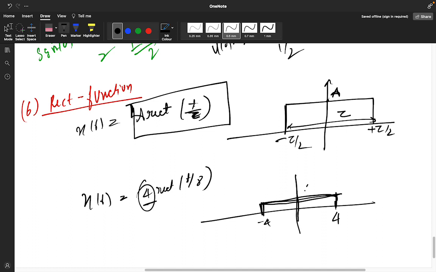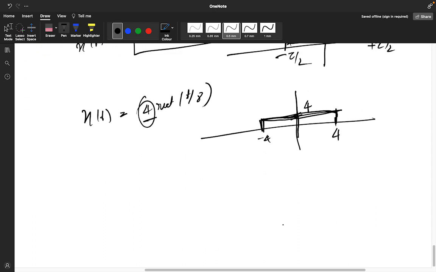This is your A, so this is 4. Right. This is the example of the rect function. Okay, suppose I am giving you one question. Like you have a question.